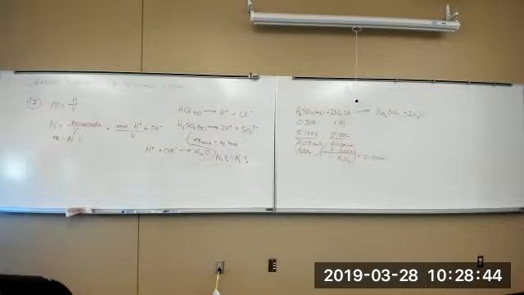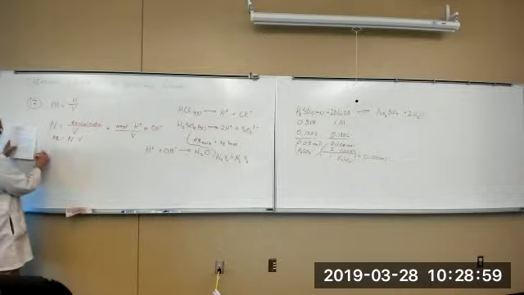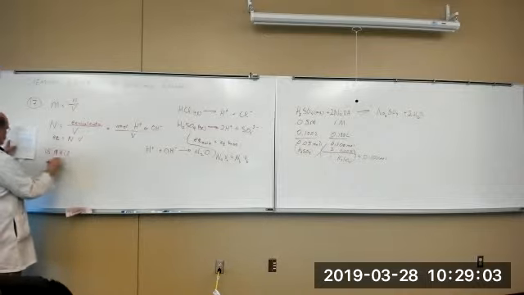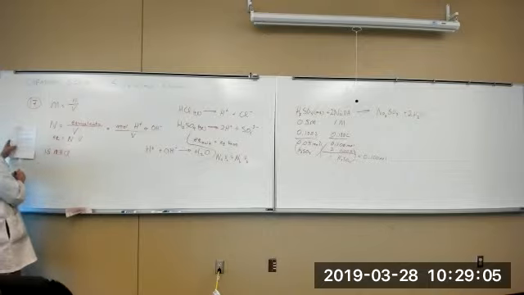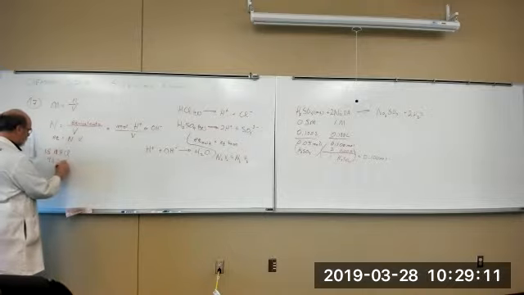So 17 says, determine the normality of a base if 93 mils of 1.8 molar HCl is required to neutralize 52 mils of it. Okay. So if we say that we've got 1.8 molar hydrochloric acid, and it takes 93 mils volume.